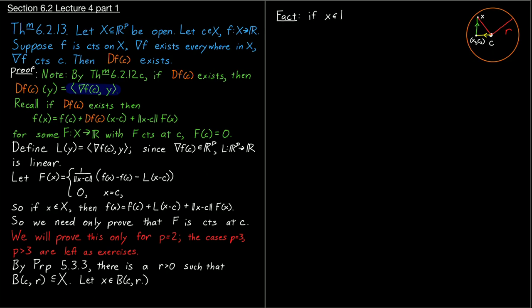If X is in this ball, then this point, x1, c2, is also in the ball centered at C of radius R, and so is in our open set X. Now we're going to use the mean value theorem, just like we did in our equality of mixed derivatives proofs at the very beginning of section 6.2. And I'm not going to write out all the details of the mean value theorem argument.